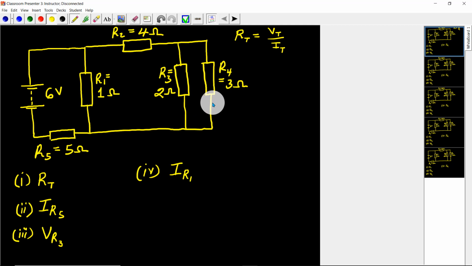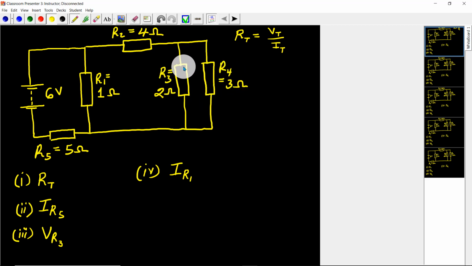This is the first step that you need to undertake when you are carrying out this kind of calculation. Look at the circuit carefully and identify those two or three resistors that you can combine directly in order to get some kind of total resistance for that connection.